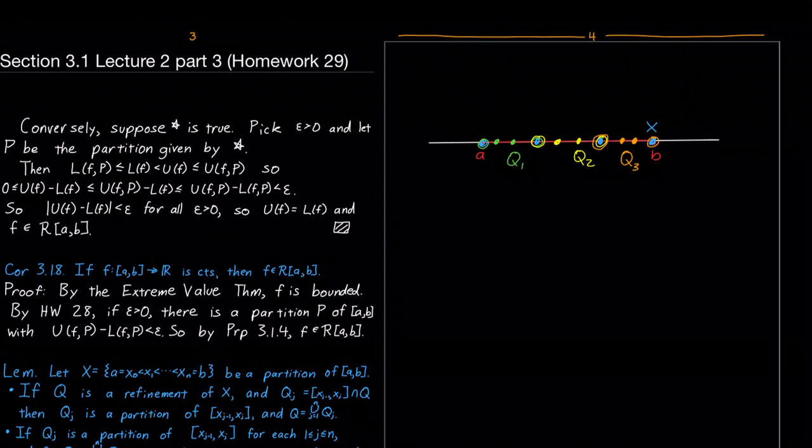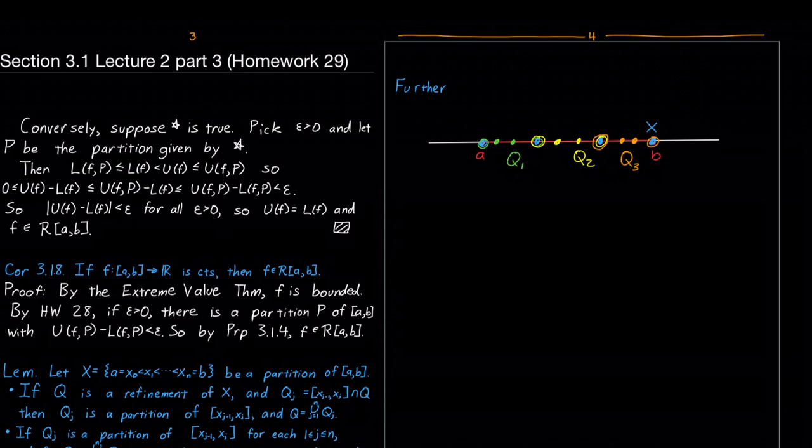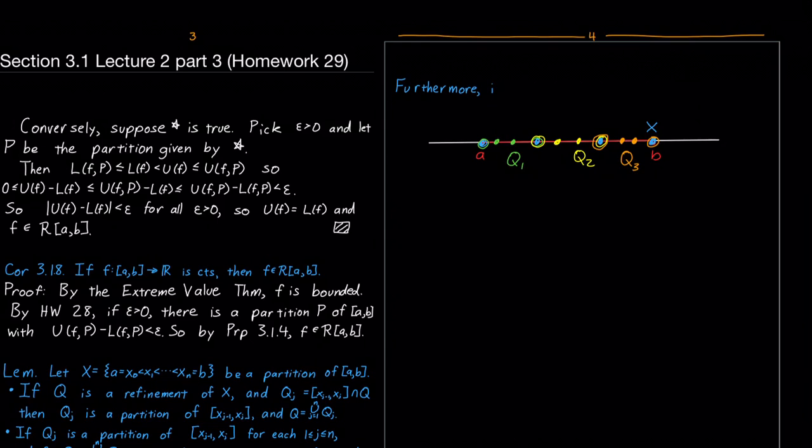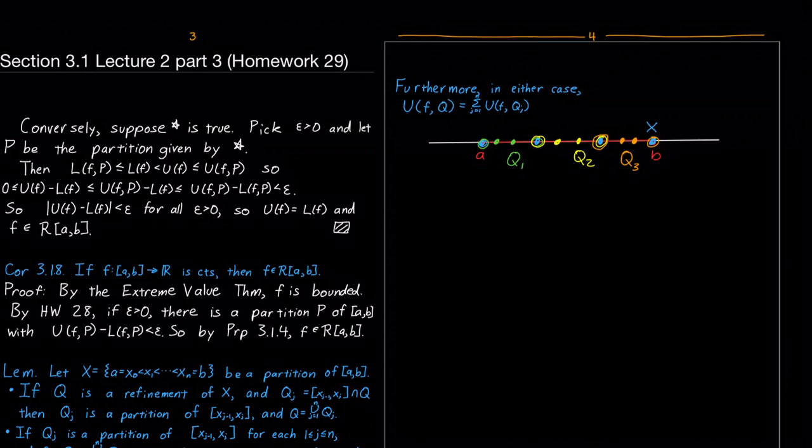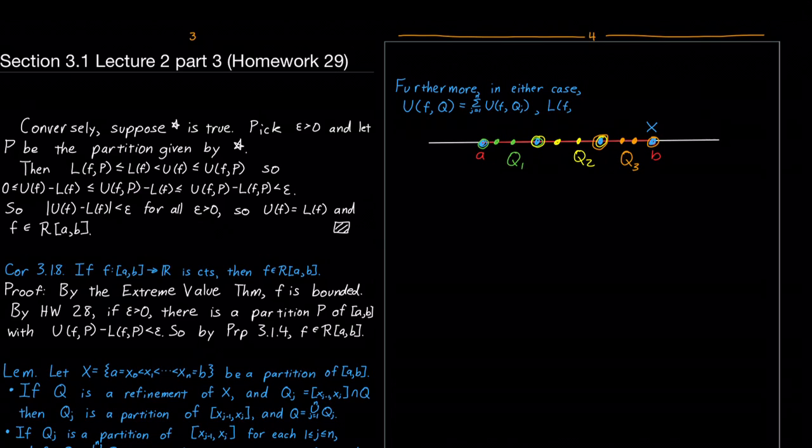And so furthermore, in either case, the upper sum of f over Q turns out to be the sum from j of the upper sum of f over Qj, and the lower sum of f over Q is the sum of the lower sums of f over Qj.